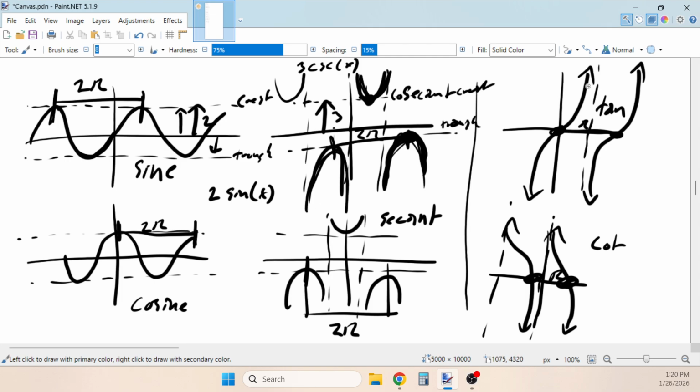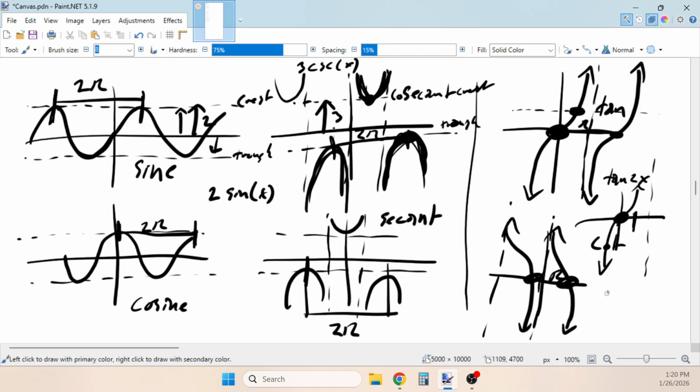For tangent, it's a little different as well. The amplitude is the point that is halfway between the node and the asymptote. So say we have 2 tangent of x. What that means is here's my node, here's my asymptote.